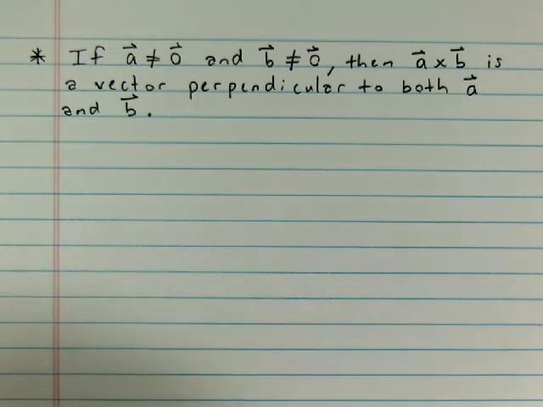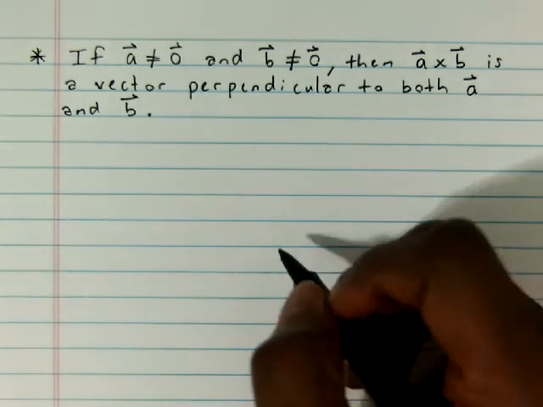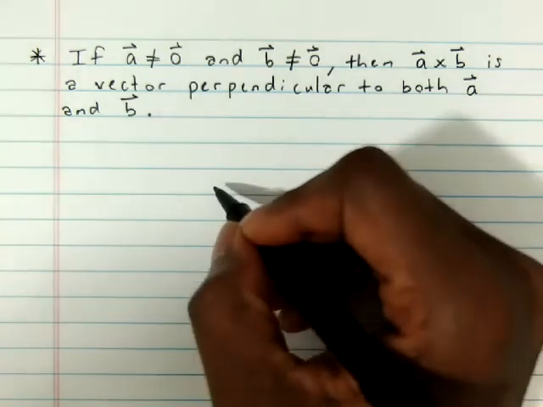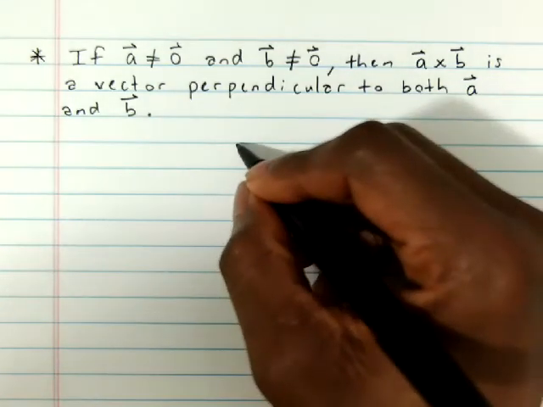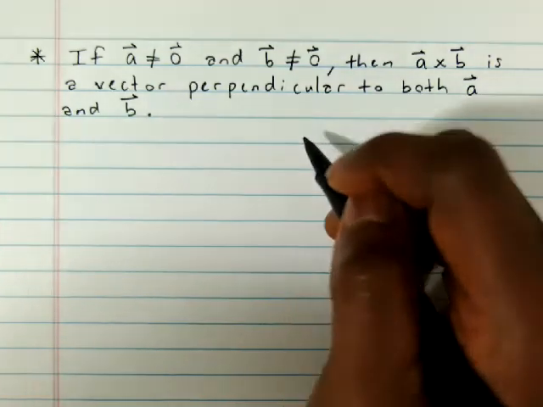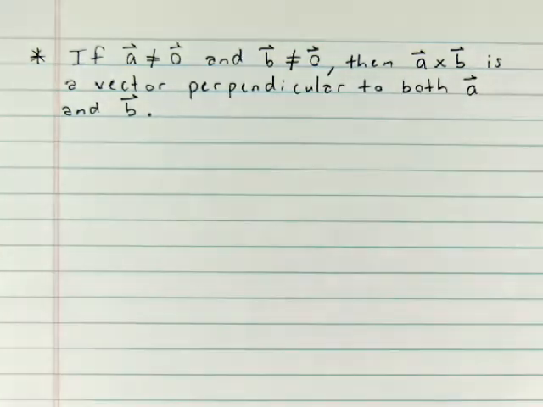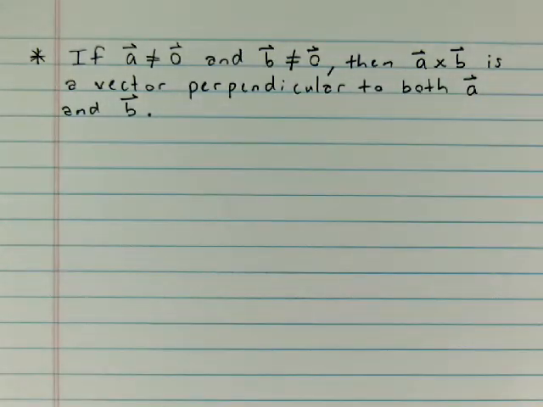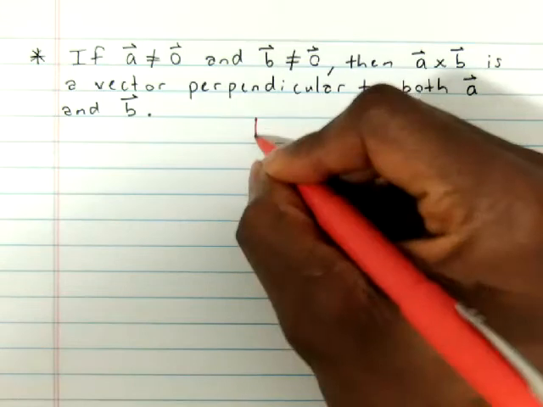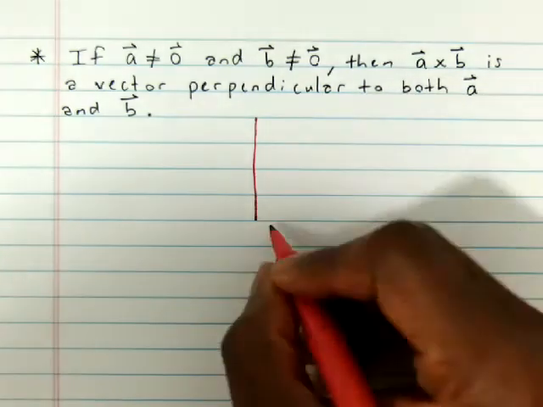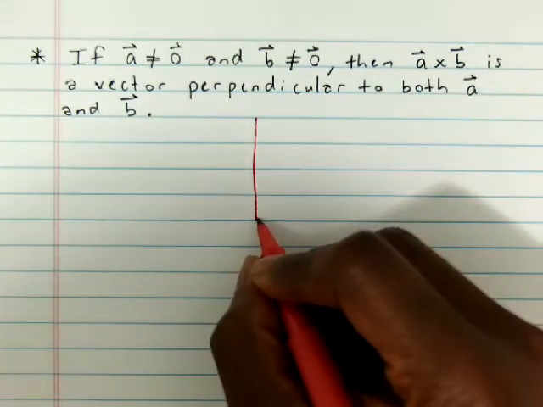So one way to figure out how it's perpendicular, well, first let's just look at three vectors that are perpendicular to one another, or two vectors that we can take the cross product of and get a new vector that's perpendicular. You all have already seen this in our set of coordinate axes.